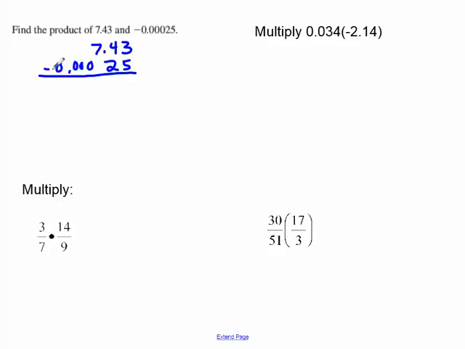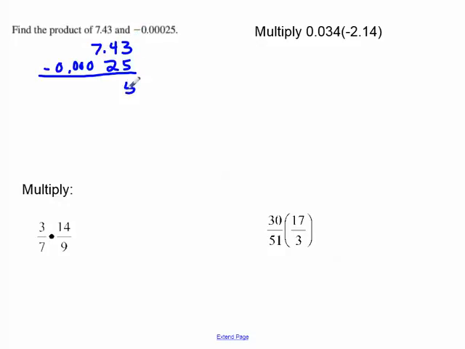And then we'll take care of the negative sign and the decimals in just a second. If we have a calculator, it's probably easy enough to multiply, but if we don't, we can multiply 5 times 743. Ignore the decimal point for right now, and then just calculate.